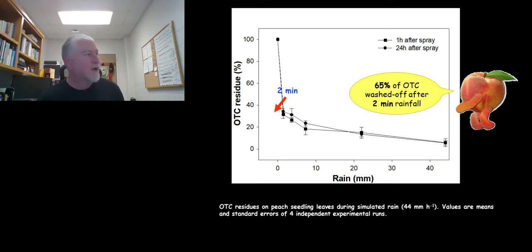It is not systemic. If you have any rainfall, even 2 minutes afterwards, you're going to get essentially none of it there. It washes off immediately. That was proven also. Within 2 minutes of rain, 65% is gone. So you can't count on oxytetracycline to be there after rain. And when do you need it? When it's wet.